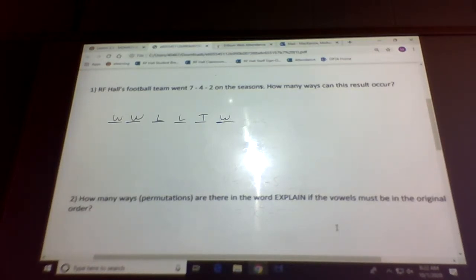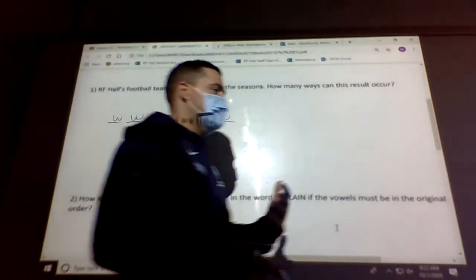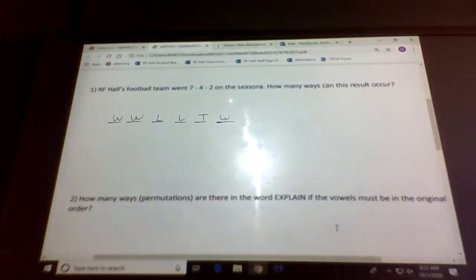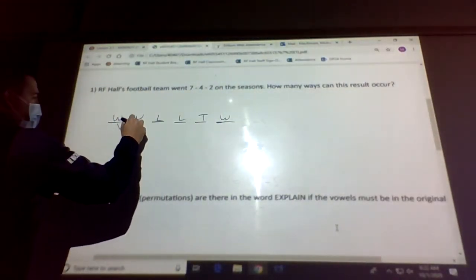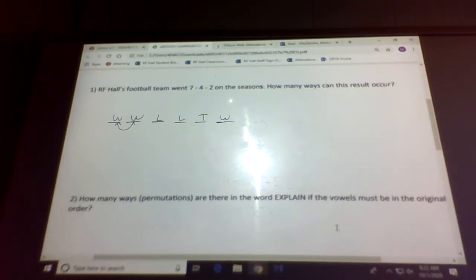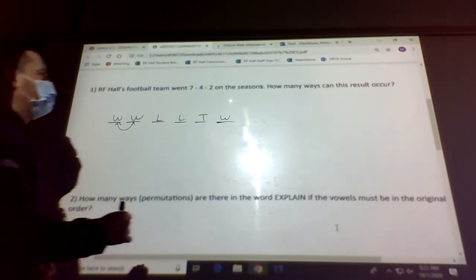How many different arrangements can there be for the 7 wins, 4 losses, and 2 ties? Well, if you win the first 7 games or the last 7 games, the order doesn't really matter. If I take this win and this win and reverse them, I still get the same combination, okay? So this is how it works.